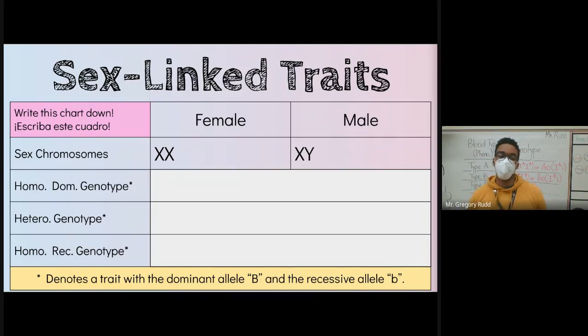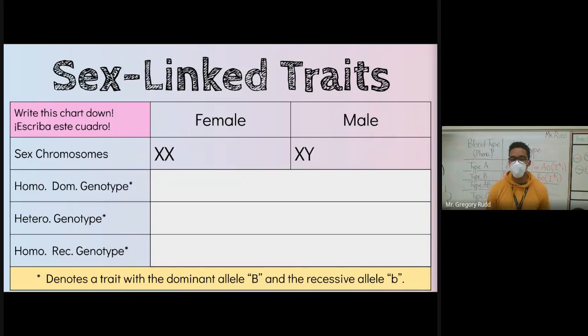So the homozygous dominant genotype. In this case, I decided to use a trait with the letter B. And so a capital B will represent the dominant allele, and a lowercase b will represent the recessive allele. So keep that in mind. So what do we think the homozygous dominant genotype will look like for a female?